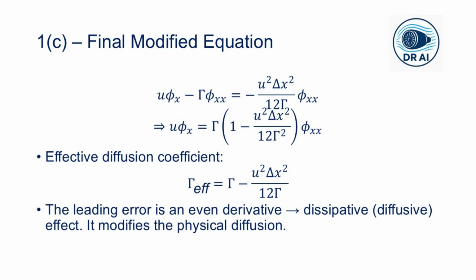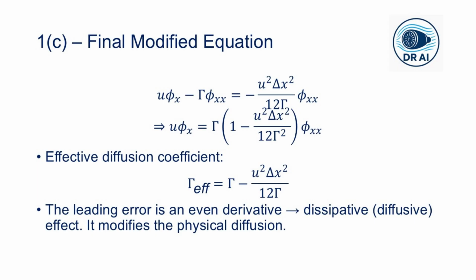The central difference scheme introduces a negative diffusion error which tends to steepen the gradients. But wait, this is very interesting: usually we think of numerical diffusion as adding extra diffusion, but here the sign is opposite because we use central differences for both terms.